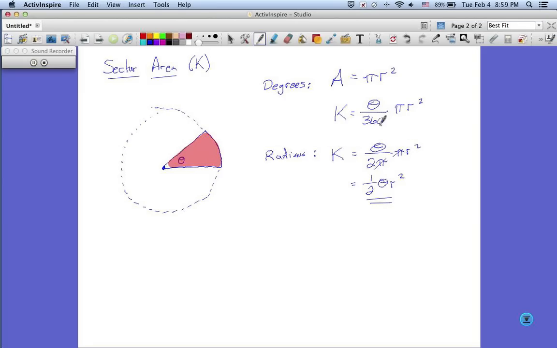Pretty nice formula considering the alternative. So if you can make quick transitions from degrees to radians and recognize 60 degrees is pi over 3, and 30 degrees is pi over 6, and 45 degrees is pi over 4, and 120 degrees is 2 pi over 3, you're going to be making some very simple equations for yourself when you're dealing with sector area or arc length on the previous page.